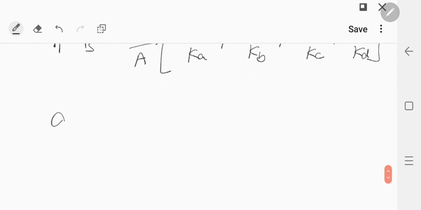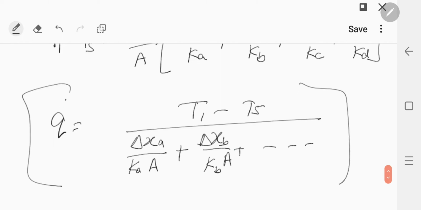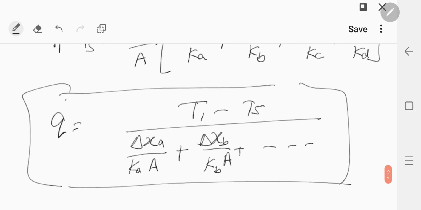So Q for this entire system will be T1 minus T5 over delta XA over KAA plus delta XB over KBA plus so on. So that's the overall heat conduction through this composite wall.